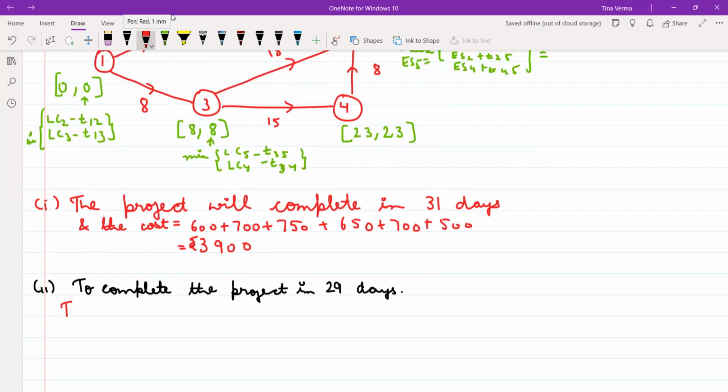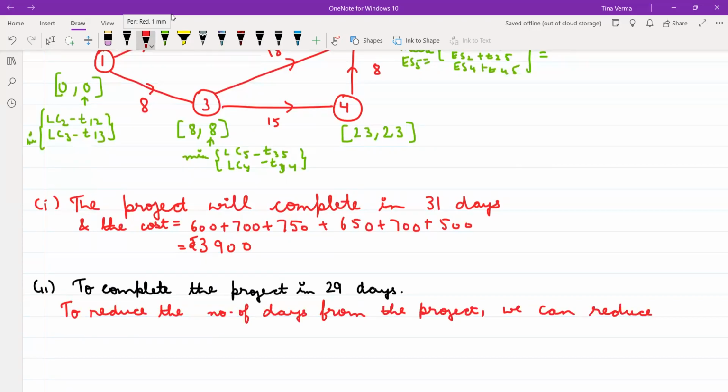So to reduce the number of days from the project, we can reduce days only from the critical activity.